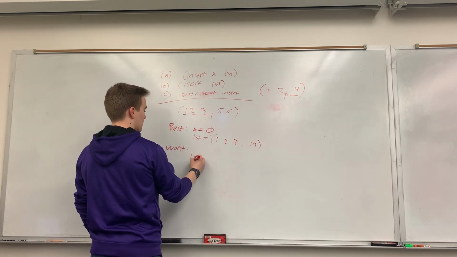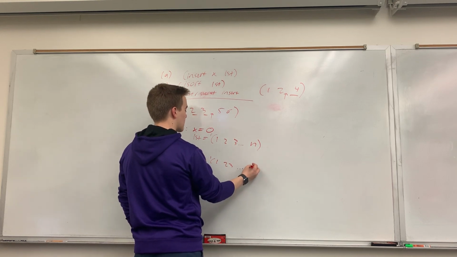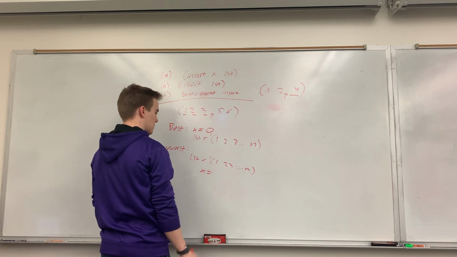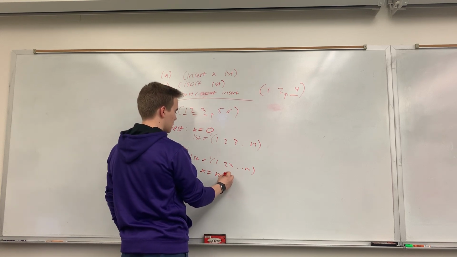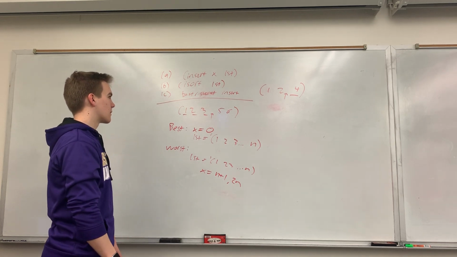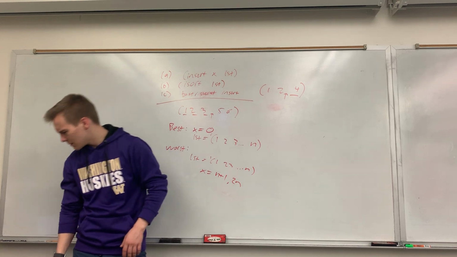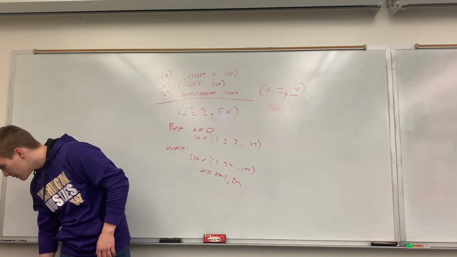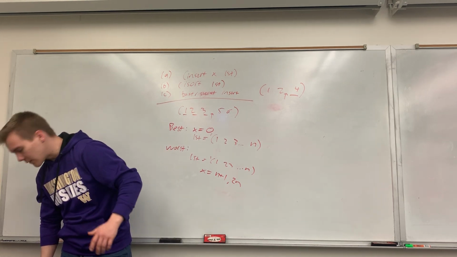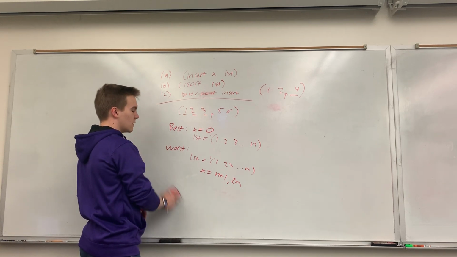So I could say something like, the list again equals 1, 2, 3, up to n, x equals n plus 1, or 2n, or whatever. Nice. Okay. I think it works, assuming non-negative n's.